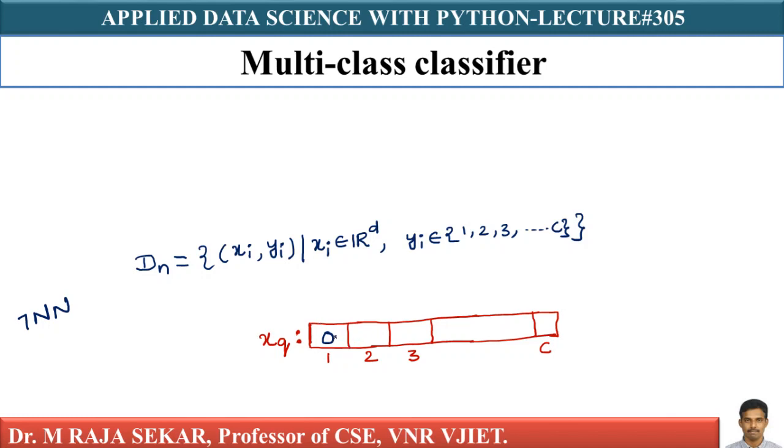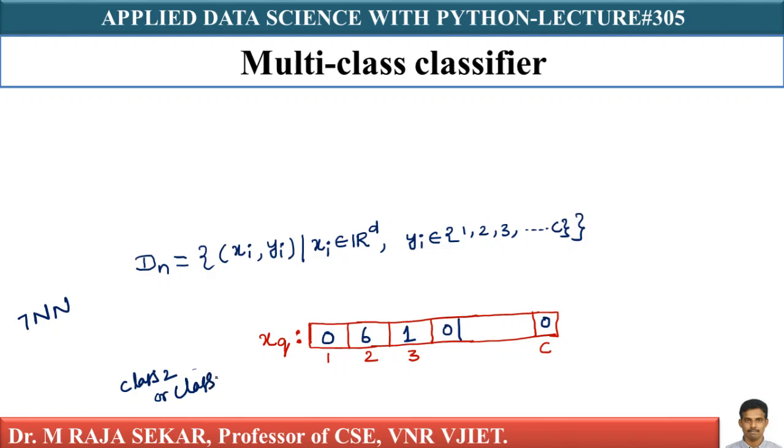Let's assume 6 points belong to class 2, then I can keep 6 here, isn't it? 1 point belongs to class 3. The rest everything is 0, because we are considering only 7 nearest neighbors. Now I know xq belongs to either class 2 or class 3, isn't it?